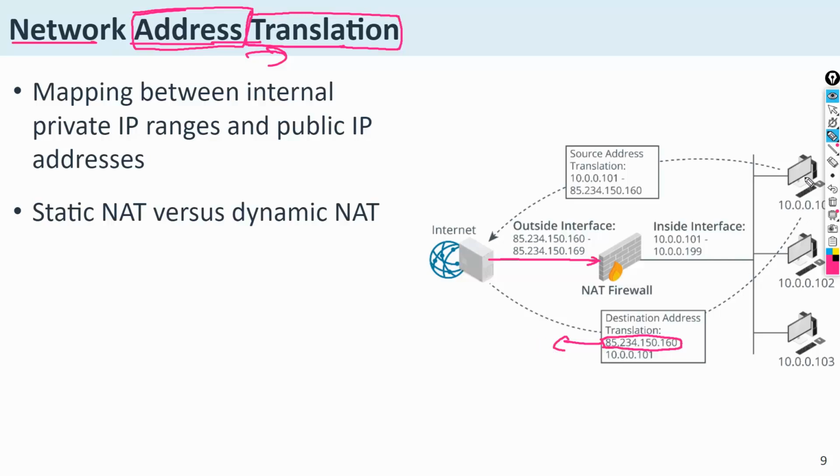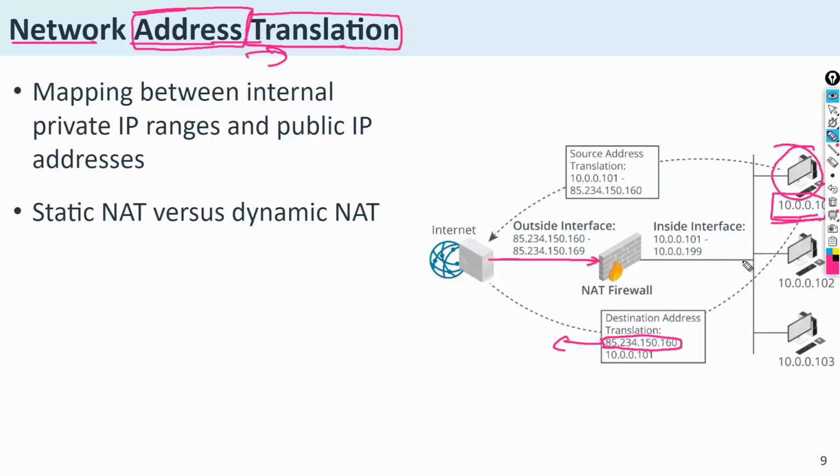But in a local area network, we cannot provide the public IP address. We will have to configure a local IP address like 10.192 and 172, this type.